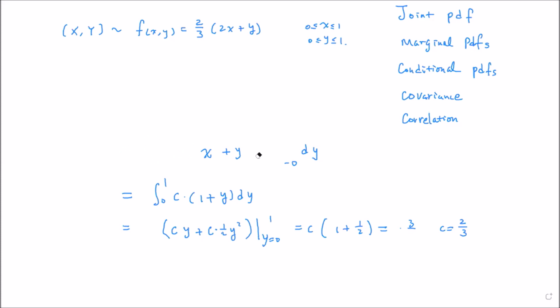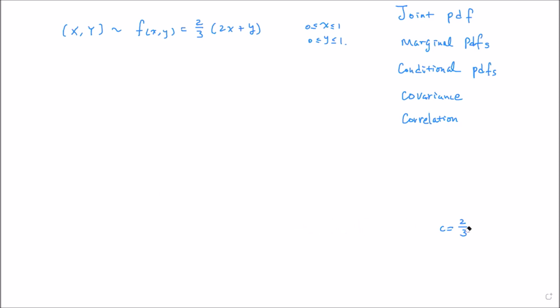All right, let's work with the marginal PDFs. There are two marginal PDFs. Let's denote them by f subscript capital X of little x. So this is the marginal density of capital X. That is the integral from negative infinity to infinity of the joint PDF, integrated with respect to y.